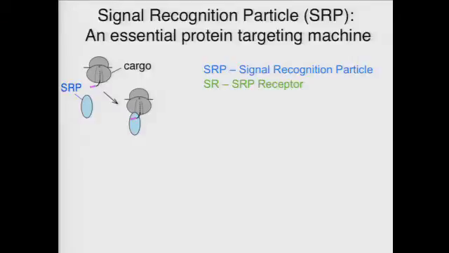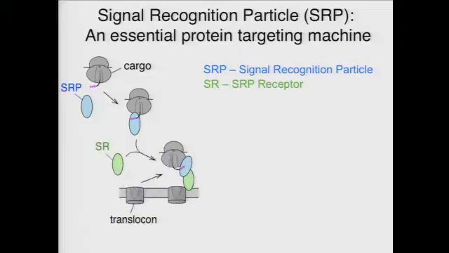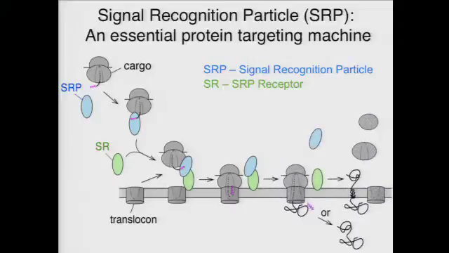And if this nascent chain is tagged with what we call that signal sequence, it gets recognized by the SRP. And then a series of molecular jigsaw puzzles have to happen. The SRP has to find the receptor, and the receptor has to find a specific channel on the membrane. And through this process, the nascent protein together with the whole ribosome are deposited onto these channels in the membrane, where they can finish their synthesis and get either integrated into the membrane, or they cross the membrane and move on to the secretory pathway.